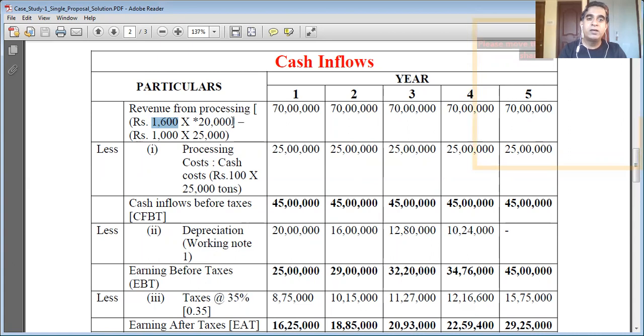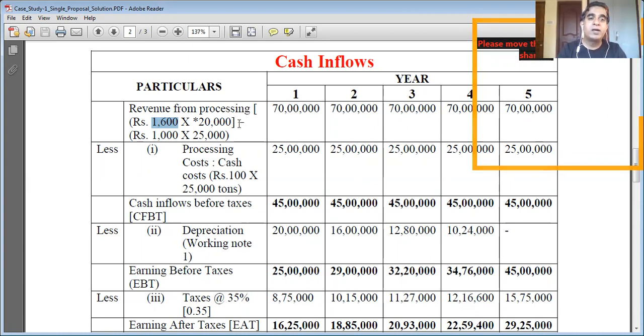But here, for the purpose of evaluation, we are going to consider only incremental cash flows or incremental revenue. Incremental cash flows are nothing but the actual or net cash flows. So how are we going to find out the incremental cash flow?